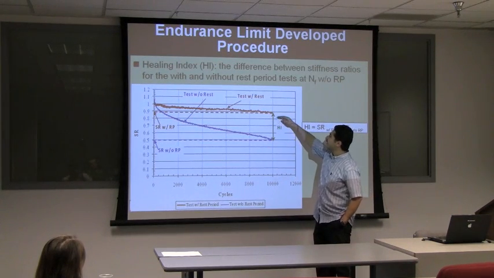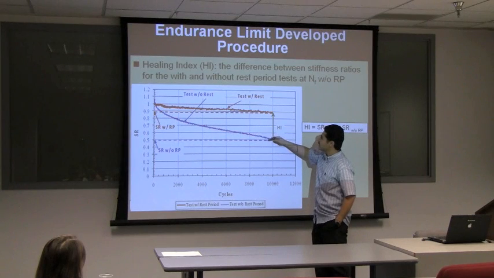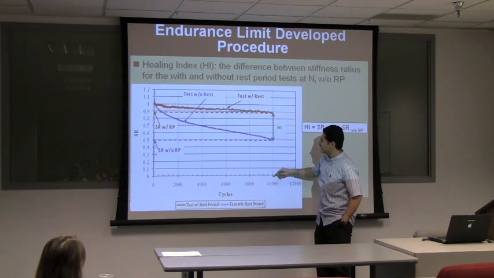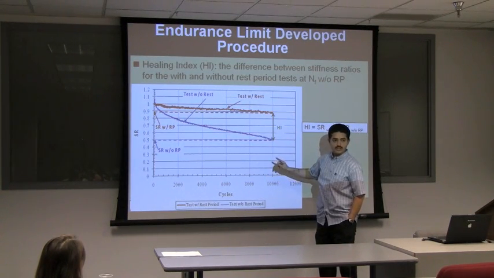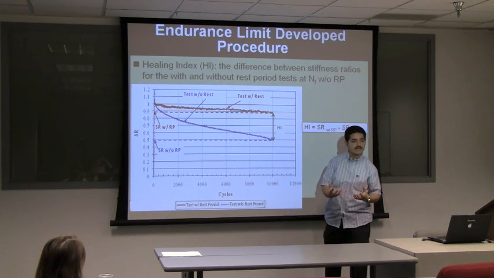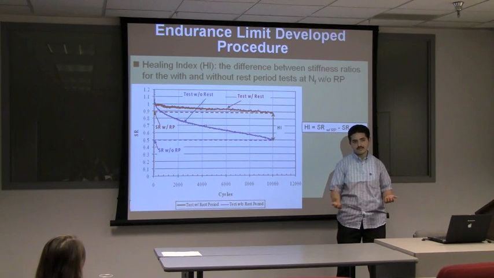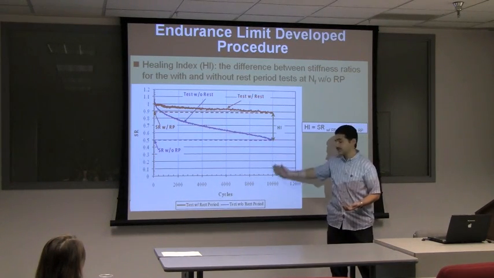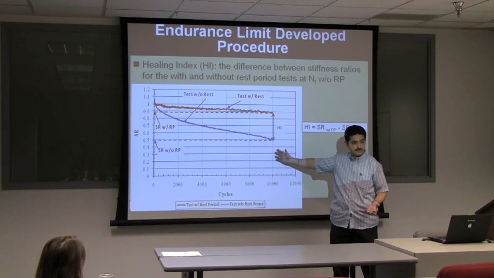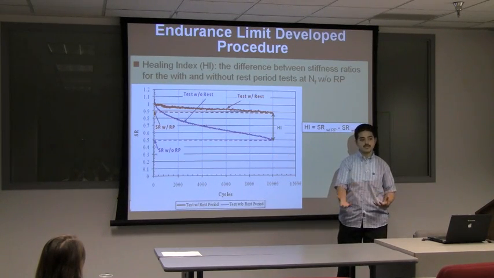So again, the definition is basically the difference between these 2 values at the failure point. What I'm trying to say here is I want to see the gain when I apply a rest period. If I have a test like what we used to do in the last 40 years, it's going to fail after 10,000 cycles. I'm going to reach 50% of the initial stiffness. How about if I apply a rest period?